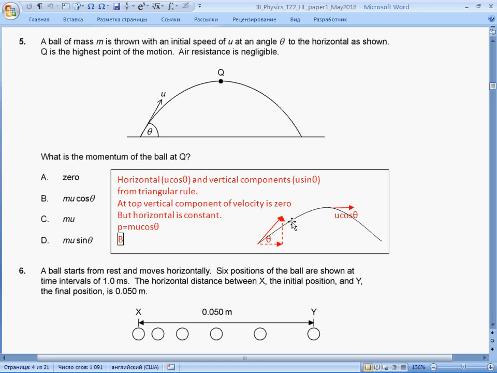As it goes up, the vertical component decreases and reaches 0 at the top. The horizontal component doesn't change because no force is acting and air resistance is negligible.